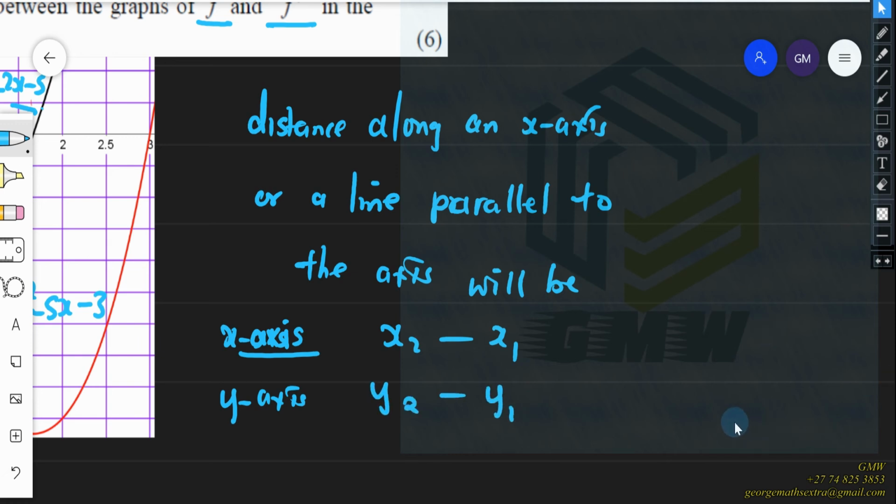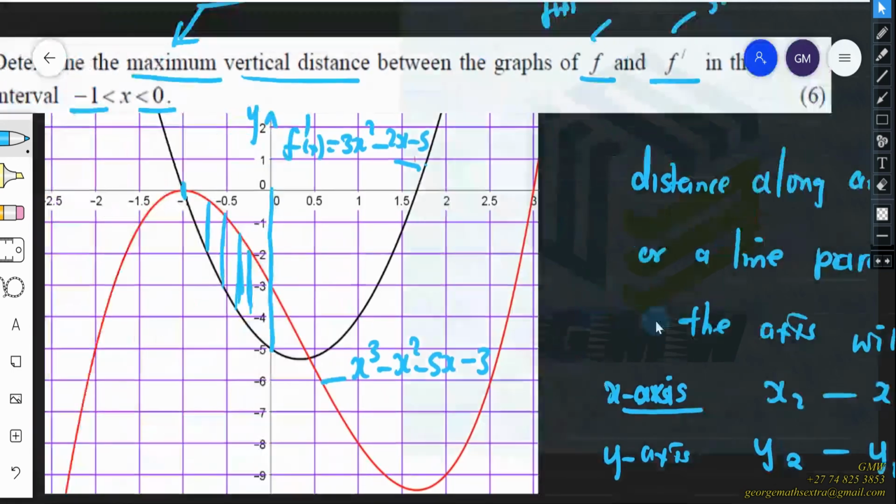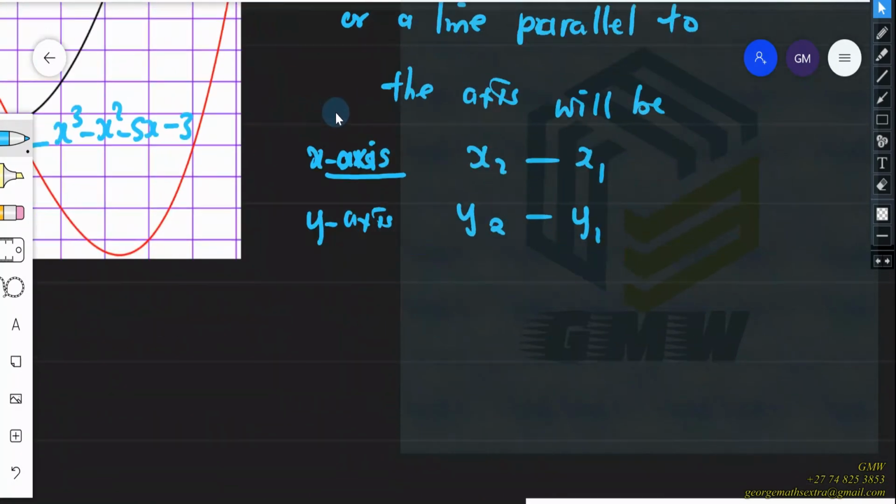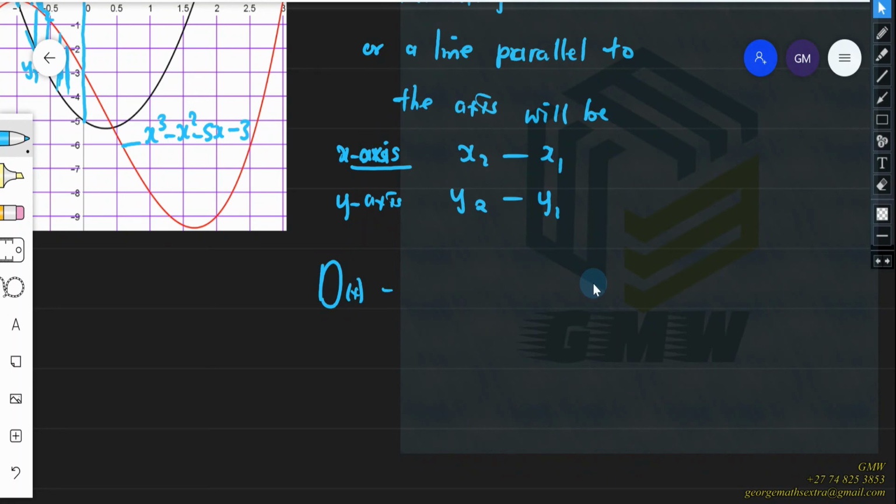So by doing this, if I want the vertical distance between f of x and f prime of x, I simply need to say y2 minus y1. So in this case, my distance is given by f minus f prime, which is equal to, we know the function of f, it is x cubed minus x squared minus 5x minus 3, then minus the first derivative.